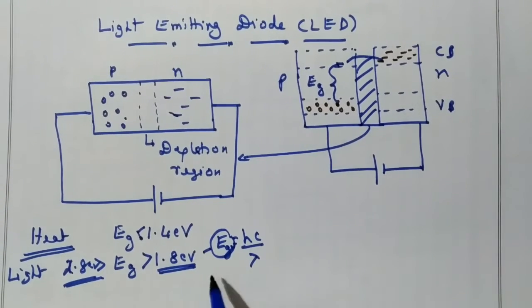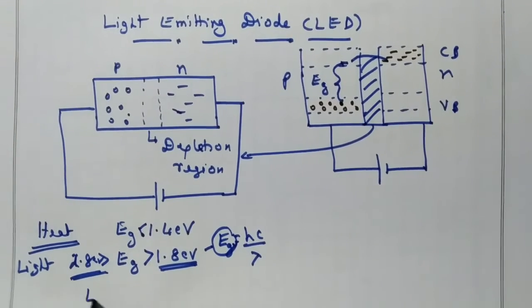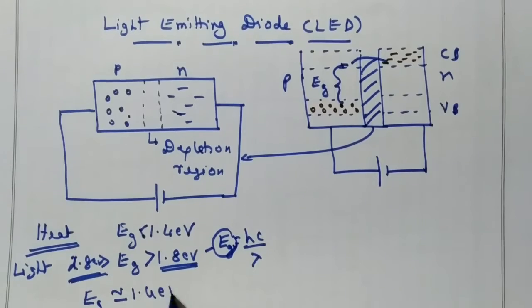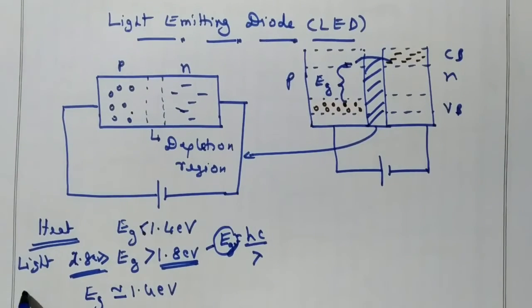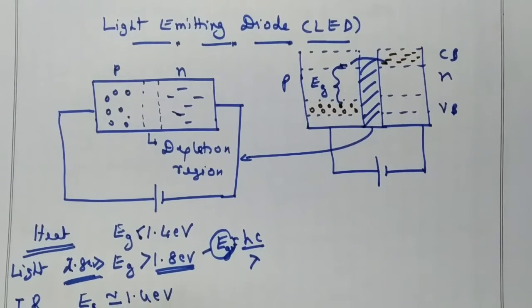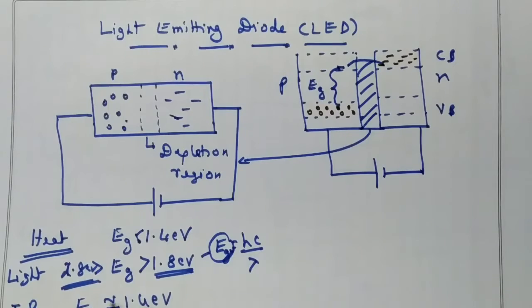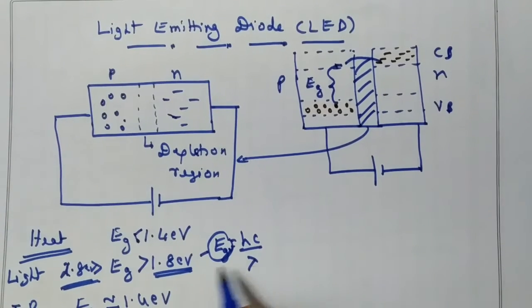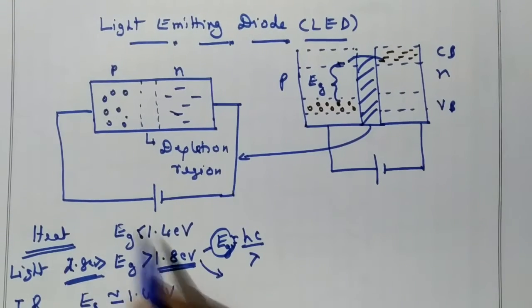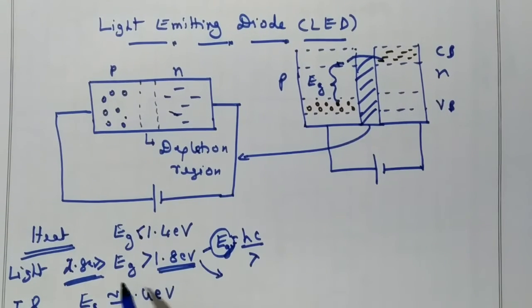which is nothing but the visible range. If Eg is almost equal to 1.4 electron volt, the energy will be released in the form of IR light, infrared, which we use in remote controls and so on. Now, which are the materials used? Silicon and germanium cannot be used.